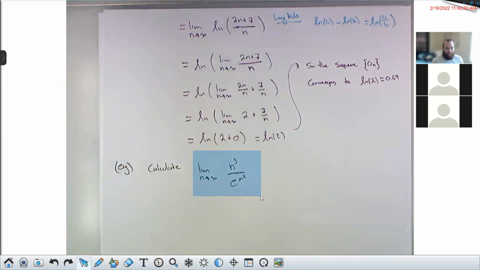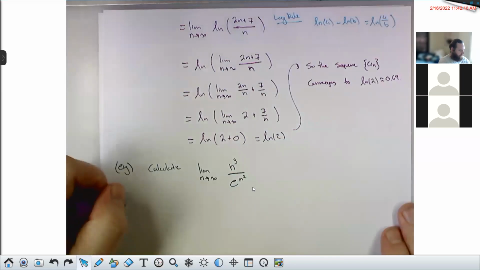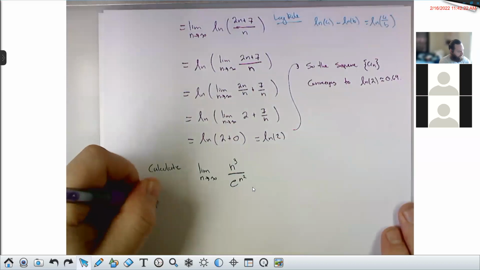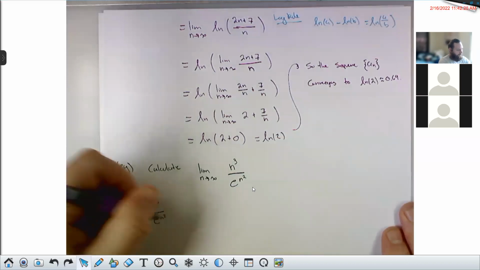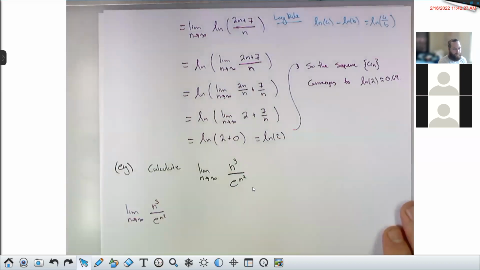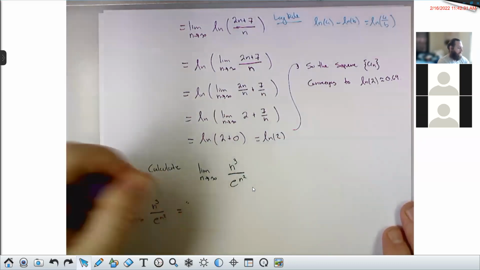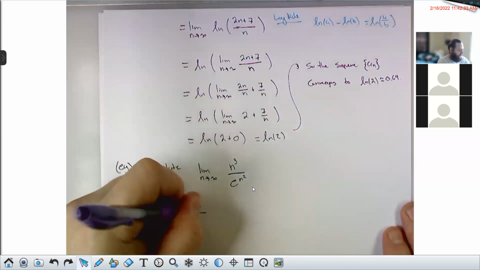So here, the top is going to infinity, right? Infinity cubed is definitely infinity. What's the bottom doing? So the top we said is going to infinity.